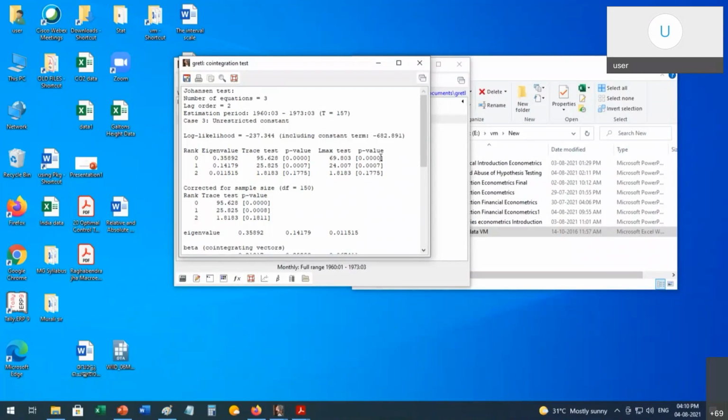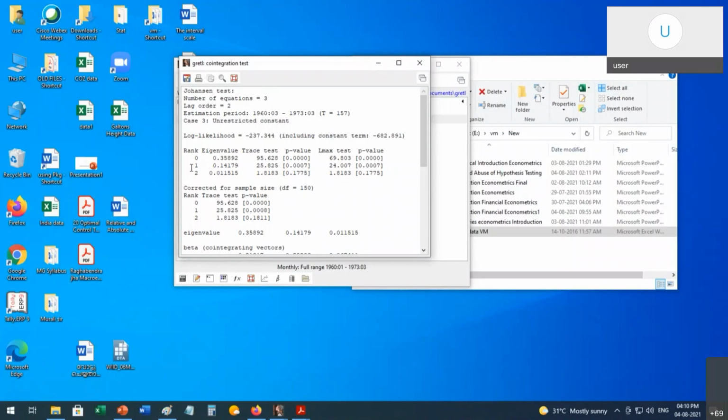If, and only if, we reject the null hypothesis, then we need to go to the second row. Since we reject this first row, we go to the second row.